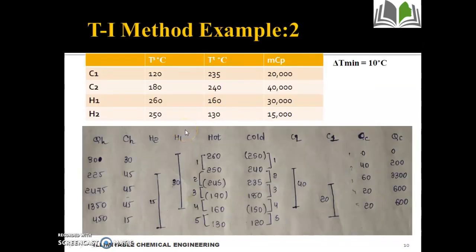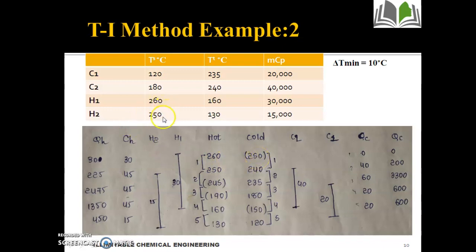Now we will start from the hot and cold side temperature. So what we will first do, we'll write here in the table 250, that is written in the bracket. Now bracket in this table means adjusted temperature, right? So first we will see the highest temperature in these total 4 streams, that is 260. Now we'll write the 260 at the hot side, and existing temperature minus delta T, 260 minus 10 means 250, that is the cold side.